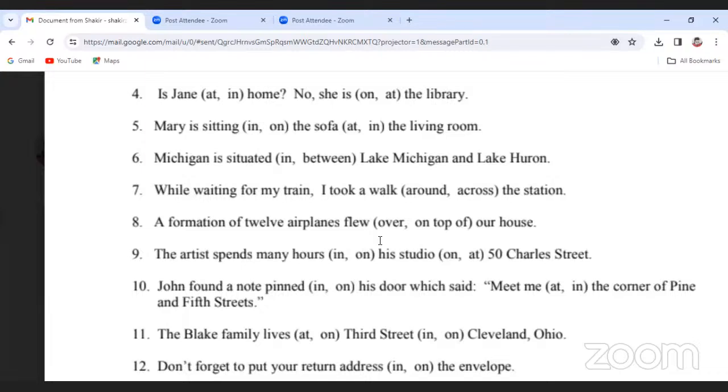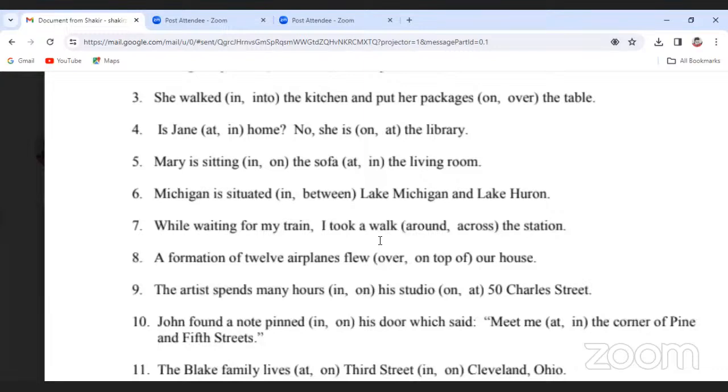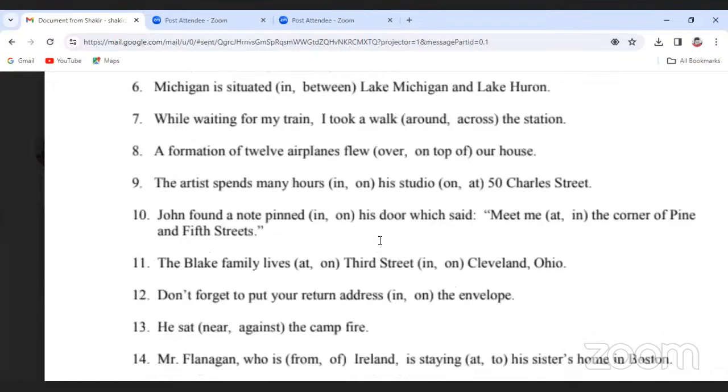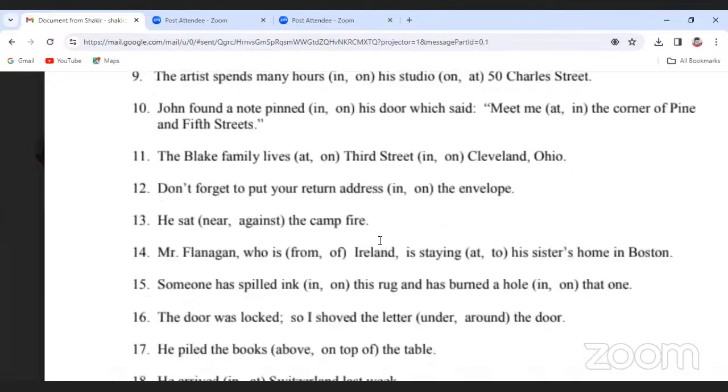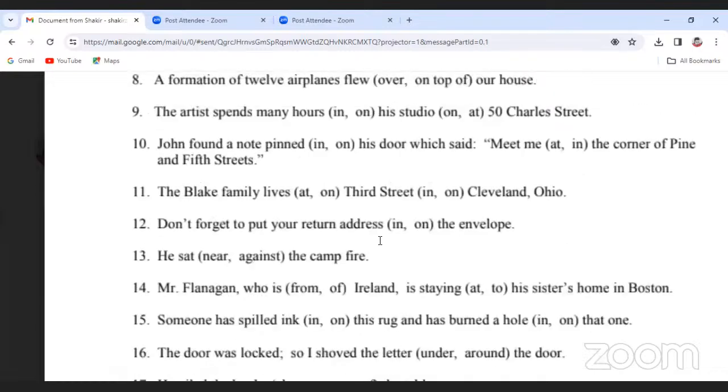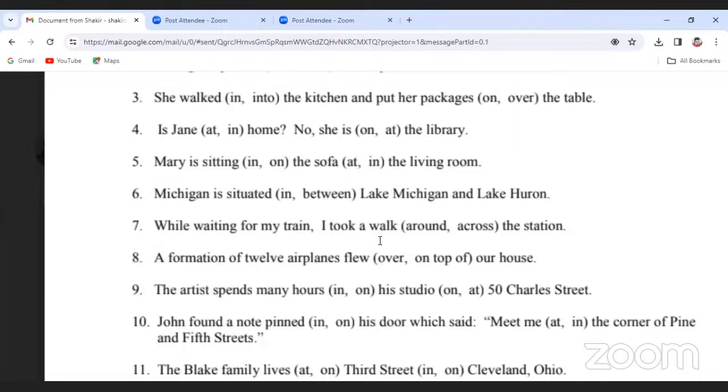Number 8. A formation of 12 aeroplanes flew dash our house.